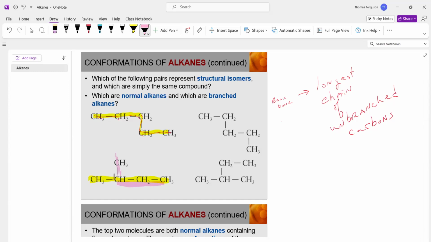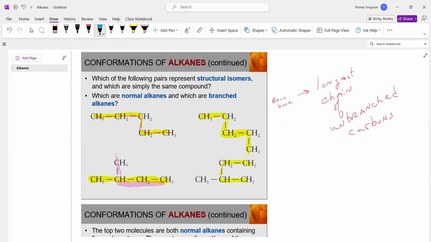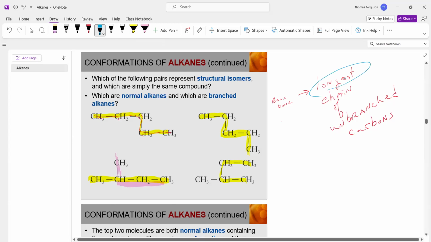Let's do it again here. Let's come back to yellow. That has no branching. There are no carbons off that. Now the key word here is longest.